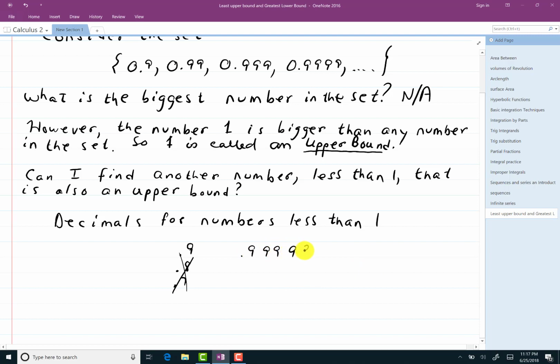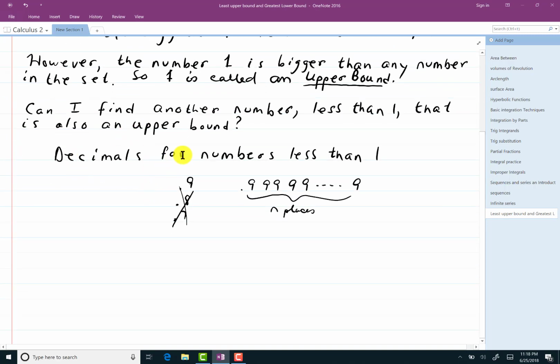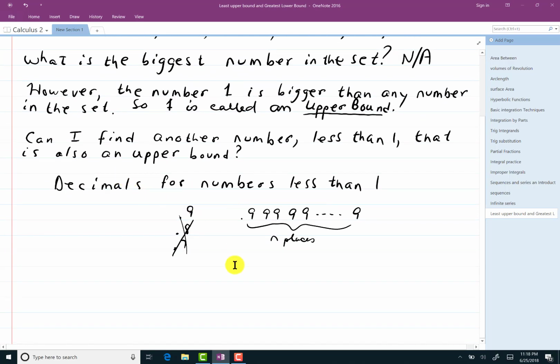I would have to go until I got to, say, the nth decimal place. I would have to put nines in n decimal places. But the fact is, unfortunately, it's not bigger than every number in there, because for another number that's bigger than it, I can simply go n plus 1 places.